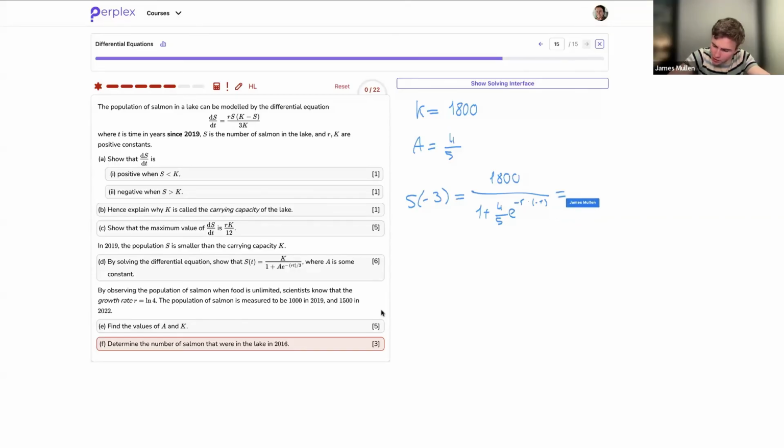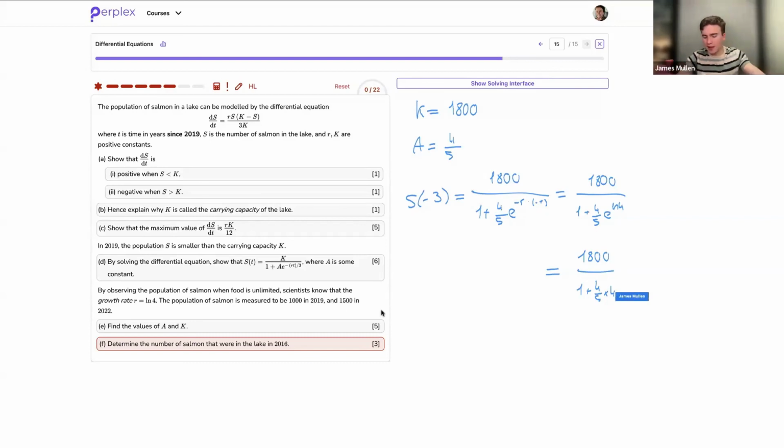All right, so this simplifies to 1,800 over 1 plus 4 over 5 e to the ln 4. e to the ln 4, right? I can use my calculator directly, but it's nice to do one more step and just say this is 1,800 over 1 plus 4 over 5 times 4.